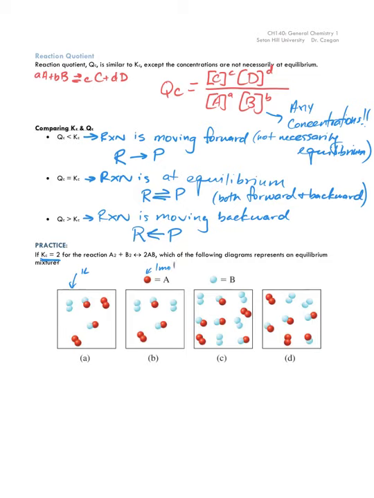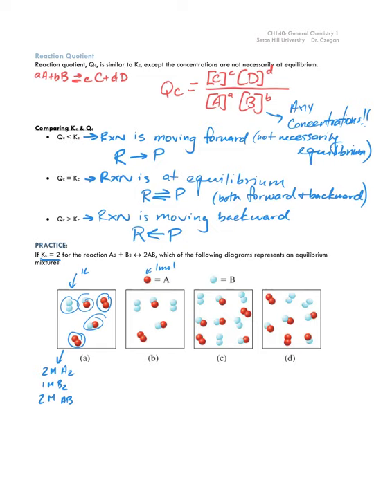So what we would have here in box A is 2 molar A2. We'd have 1 of them, 2 of them. That would give us 2 moles in a 1 liter box. And we would have 1 molar B2, and we would have 2 molar AB. 2 of these and then 1 of those.